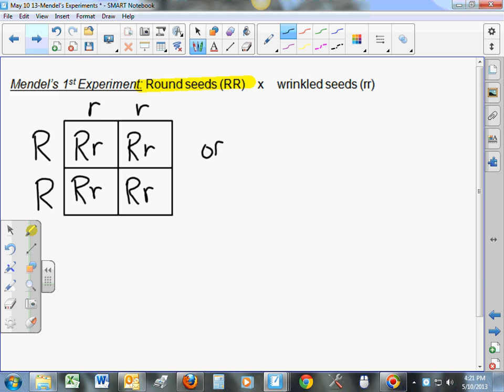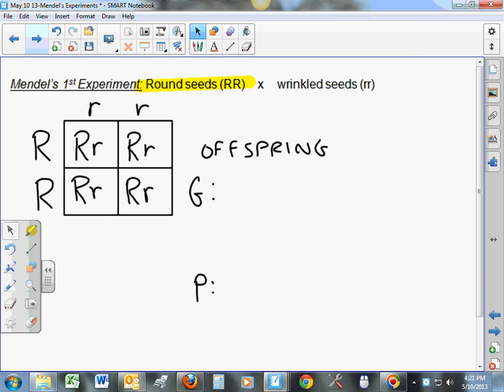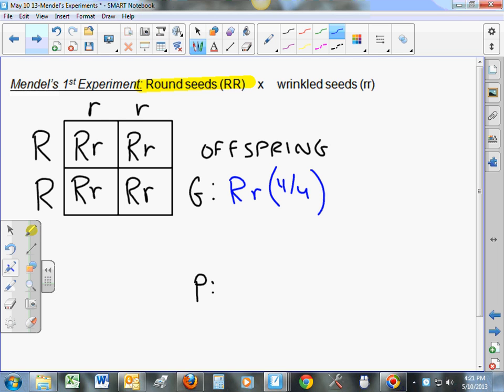In the offspring, let's see what we get for genotype and phenotype. We get one genotype, and it is hybrid. It's a 4 out of 4 chance, so 100% chance. And then our phenotype, well, what does big R, little r look like? Well, it's round. Again, 100% chance.